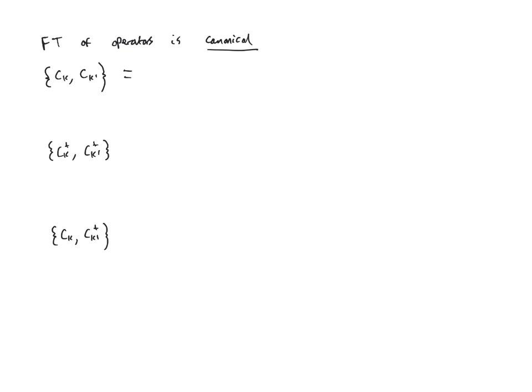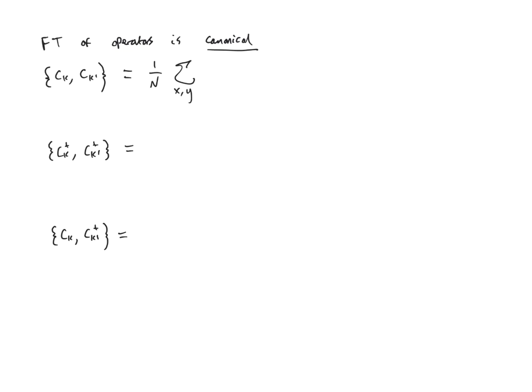So let's just substitute in our expressions that we had on the previous slide for the ck's in terms of the cx's, and just see what we get. So let's take this first one. We have to transform both ck and ck primed, and so I'm going to get an overall factor of 1 upon n, so it's 1 upon root n times 1 upon root n. Then I'm going to sum over real space operators x and y.